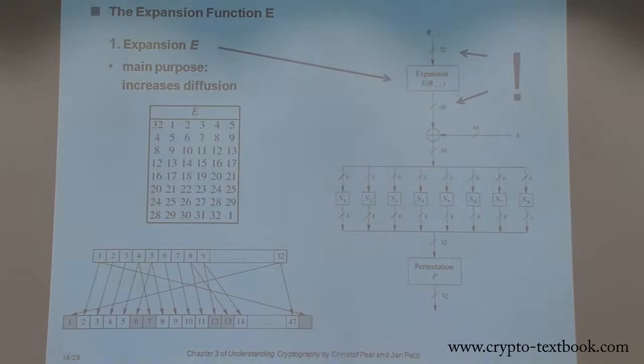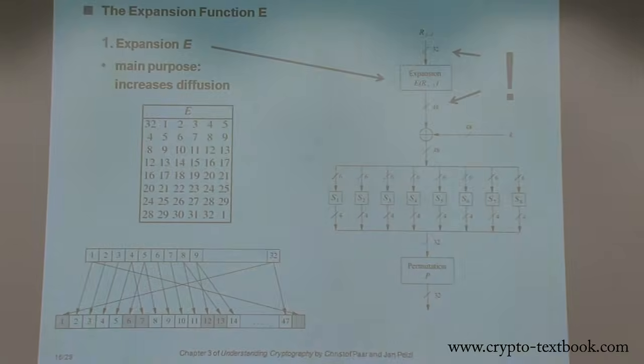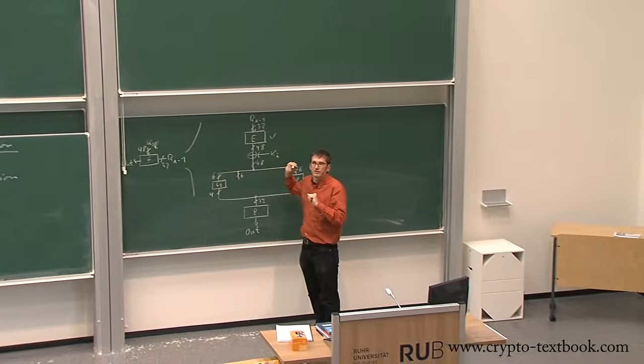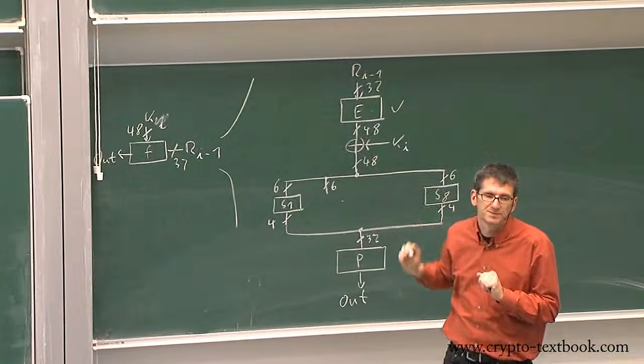And in a few minutes, you will see that it makes a big difference in DES whether only 1 bit flips or 2 bits flip. We gained a lot already, okay? So that means this is a diffusion element. So we're kind of done with that at this point, okay?